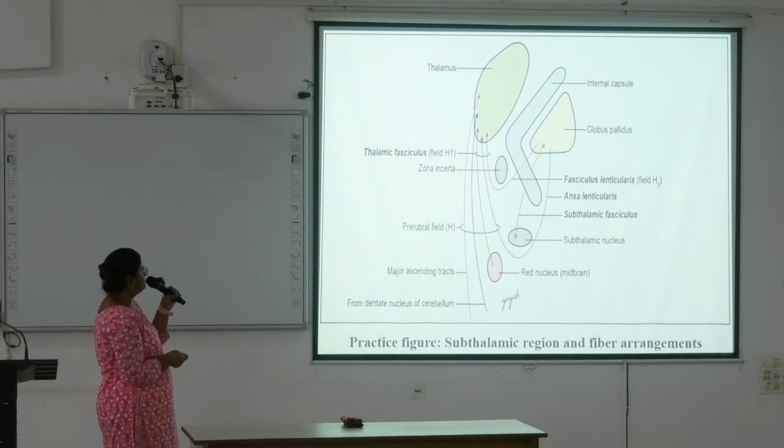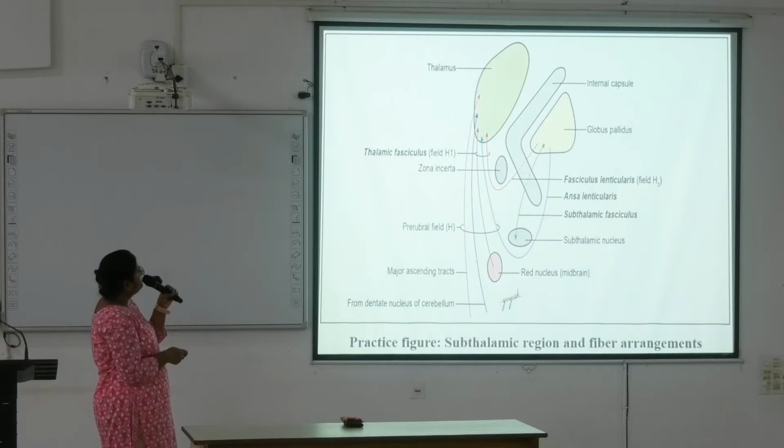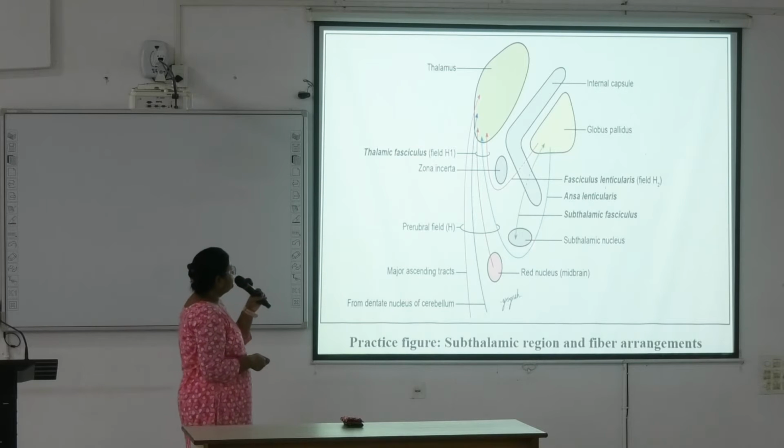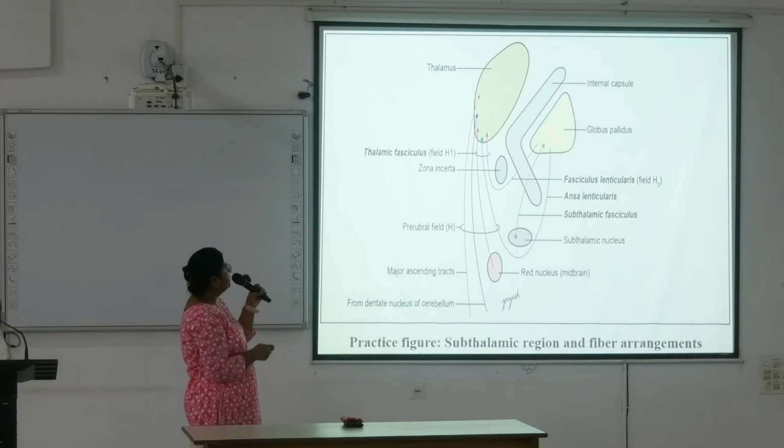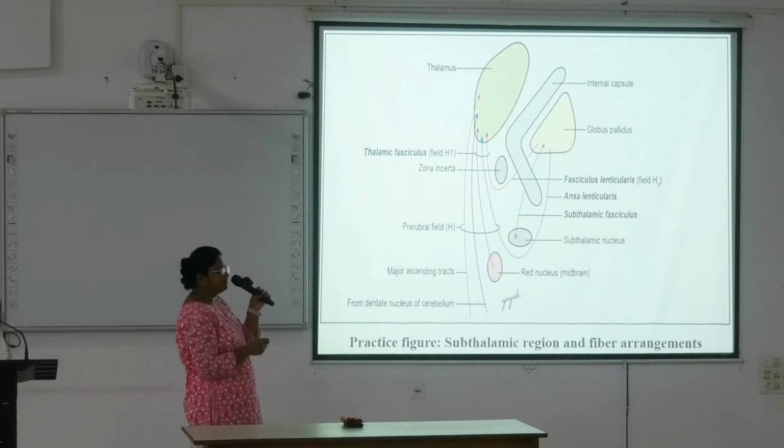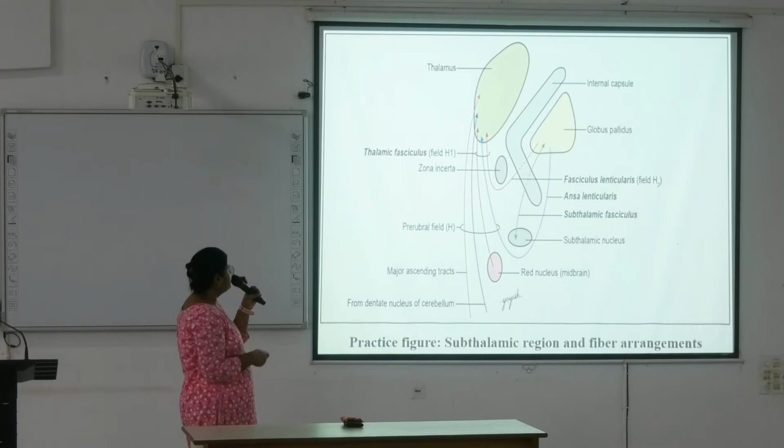Prerubral field, major ascending tract from dentate nucleus of the cerebellum, from red nucleus, it is coming from globus pallidus. Okay, this blue one and red fiber. So all these are going to the thalamus. And from subthalamic nuclei and globus pallidus, these two are also connected with each other.